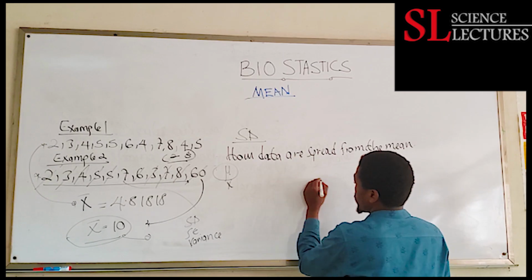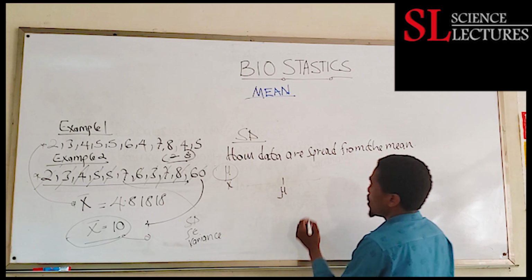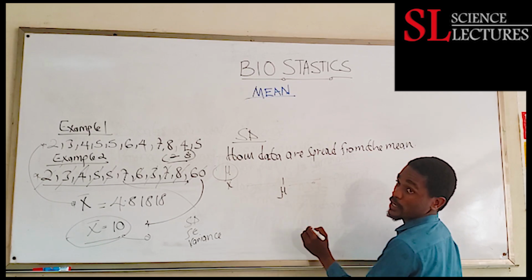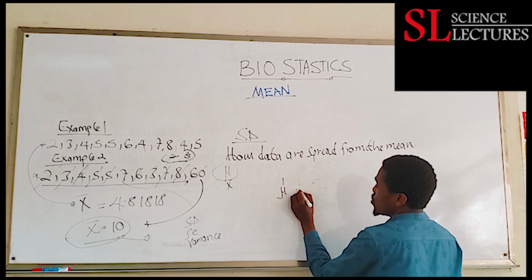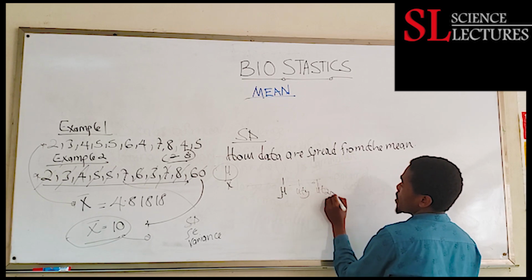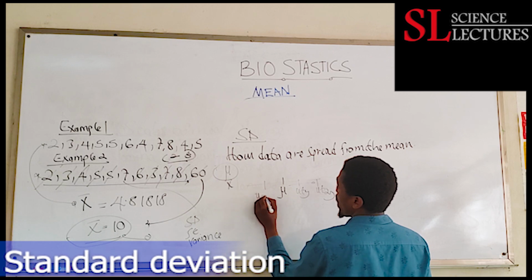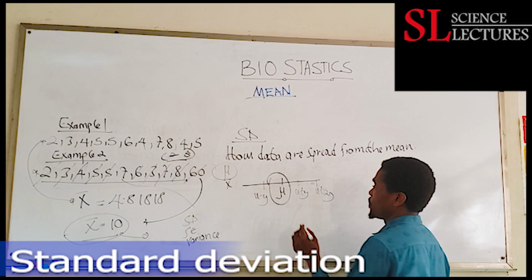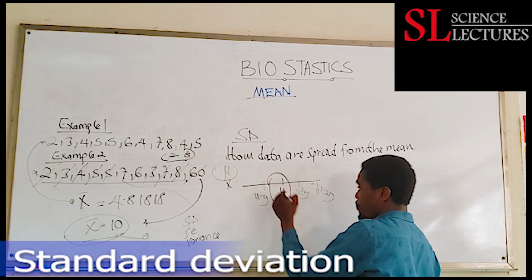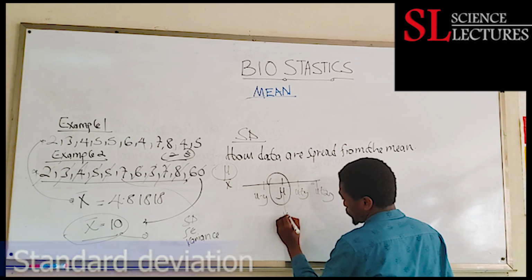So if this is our data, and this is mu the mean, and here we are having our other data. Let's say mu plus y, mu plus 2y. Then here we are having mu minus y, mu minus 2y, so this is mu, and this mu is the mean.